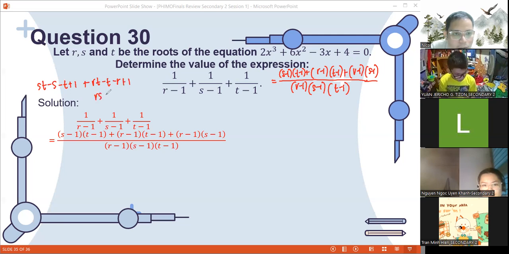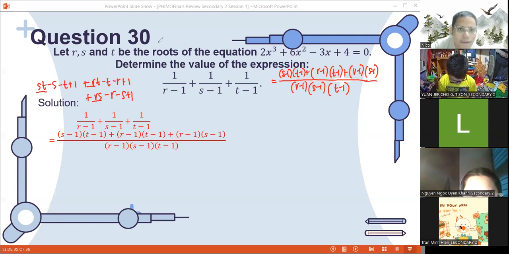And RS minus S minus R plus 1. So you have ST, ST, RS.